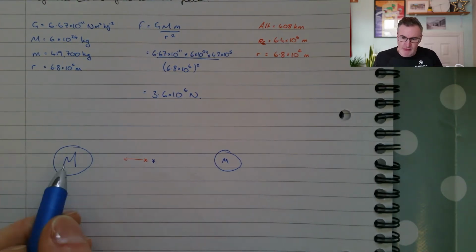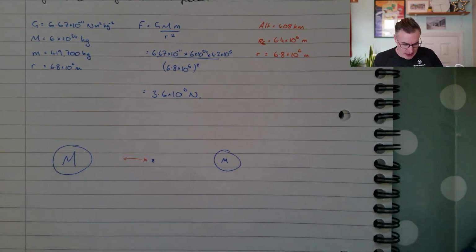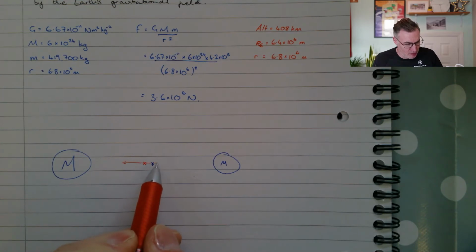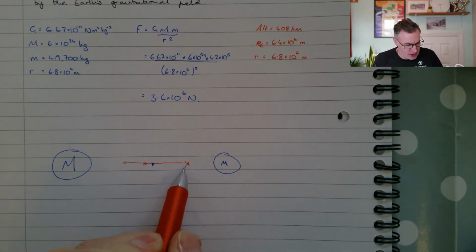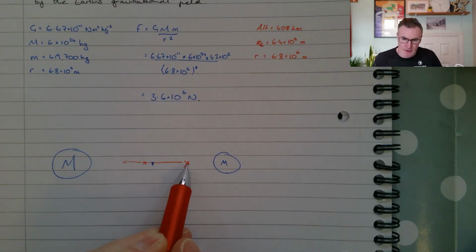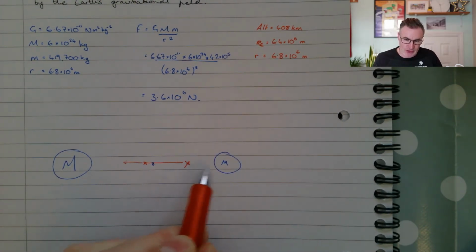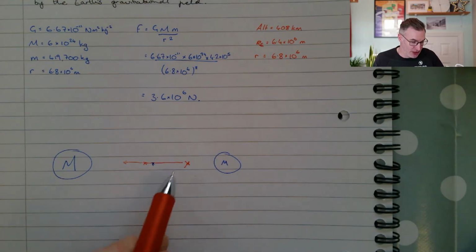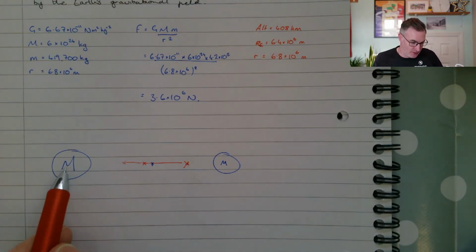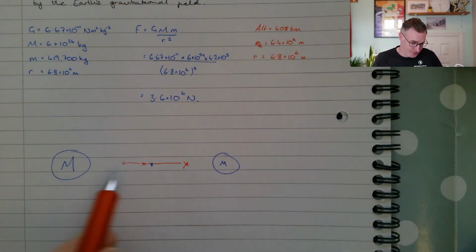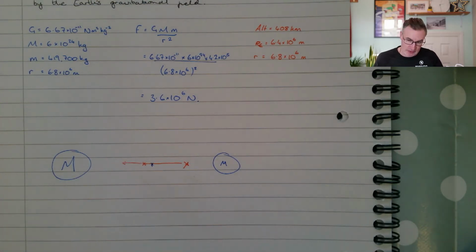But with a smaller mass and a bigger mass, you're going to have to take your object back towards, say, here, before you'll get the force of gravitation on this object from this object to equal the force of gravitation from that object on this.